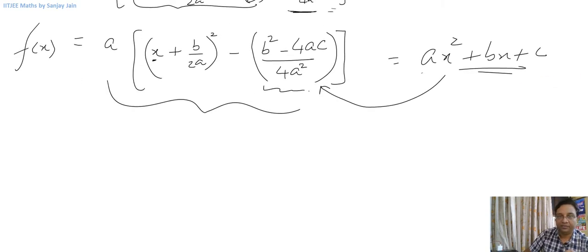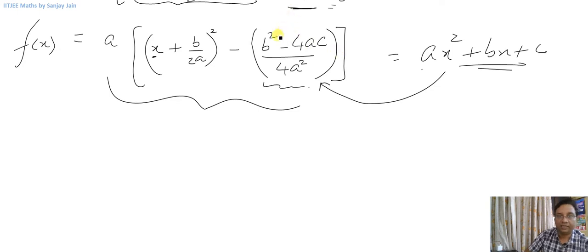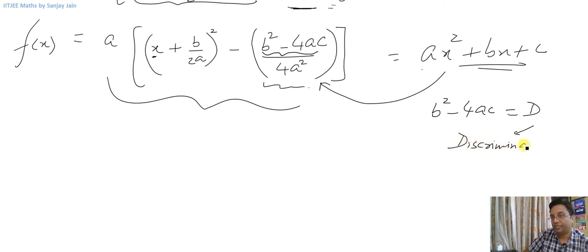The first thing that I want to highlight here is that this term b square minus 4ac has a special name. B square minus 4ac, we write it as capital D and call it the discriminant.